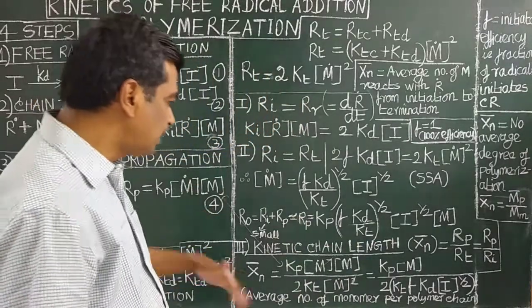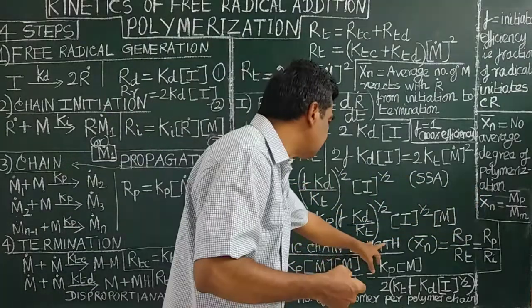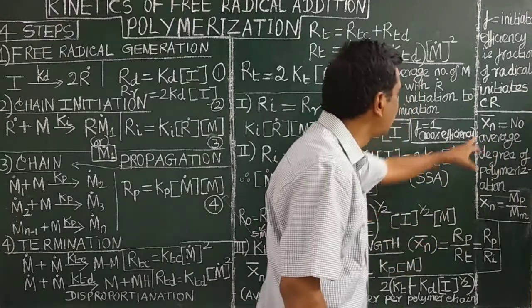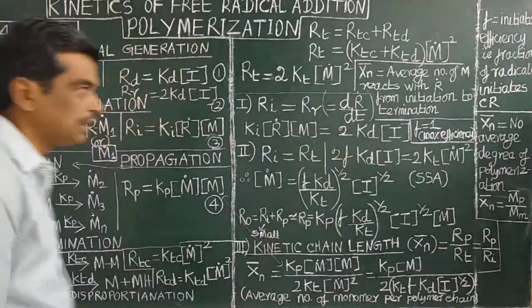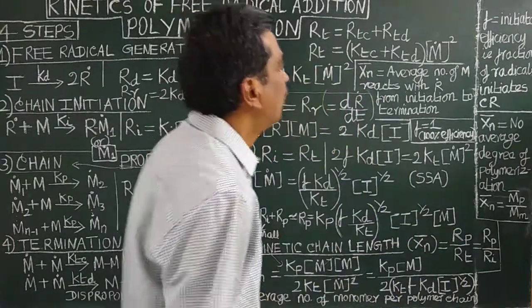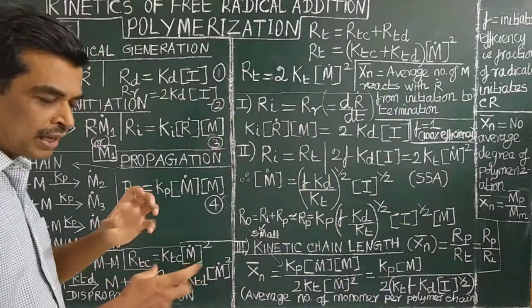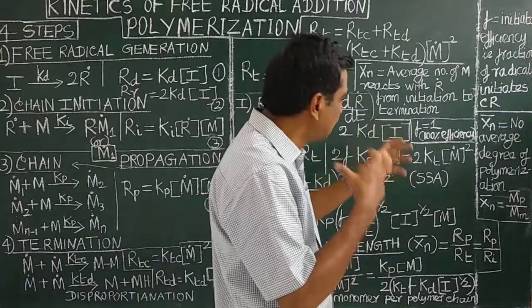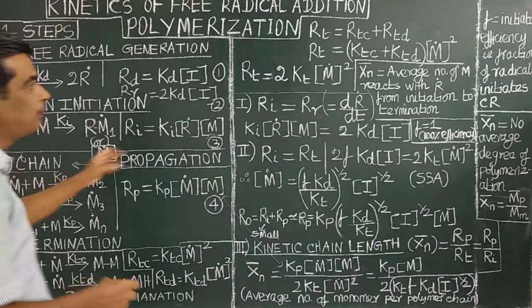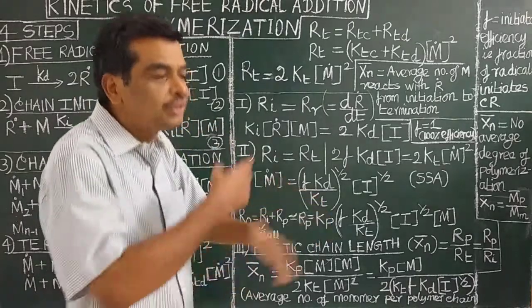Let us now study another important term, the chain length. What is the chain length? Kinetic chain length is represented by Xn bar, the number average degree of polymerization. Xn bar is nothing but the degree of polymerization. It is defined as the average number of monomer molecules that react with the R dot from initiation to termination.